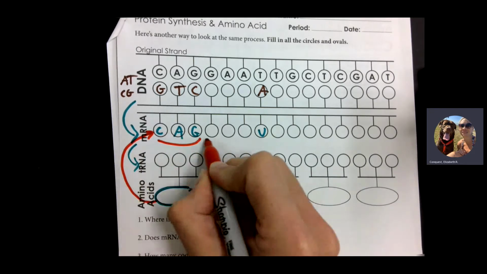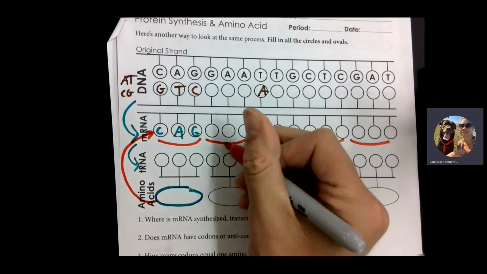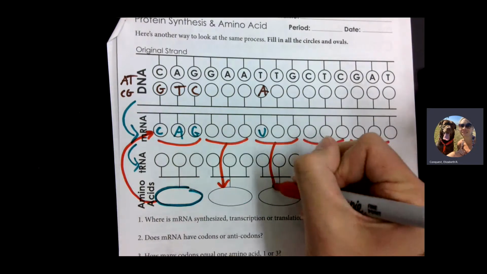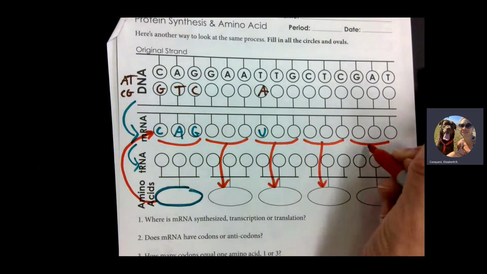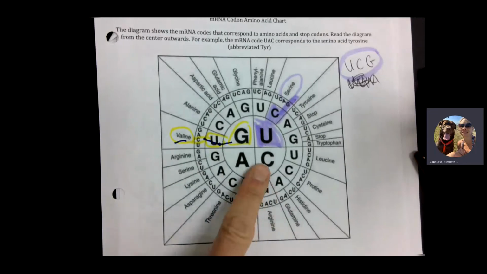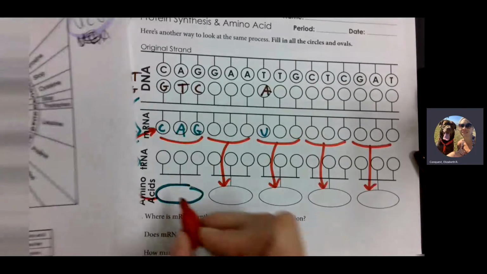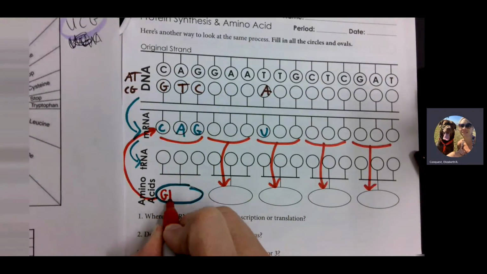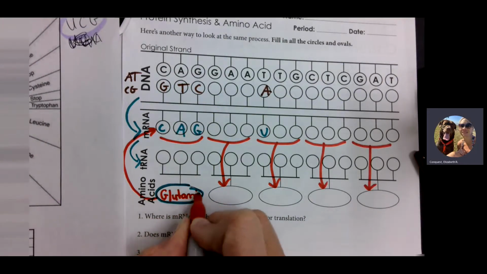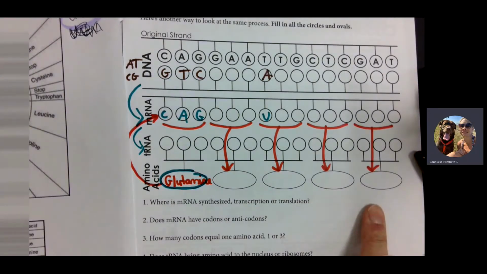So every 3 of these is going to give me the name of my amino acid. The first one we can do together, CAG. CAG, we have what's called glutamine. So I would write that here, glutamine.